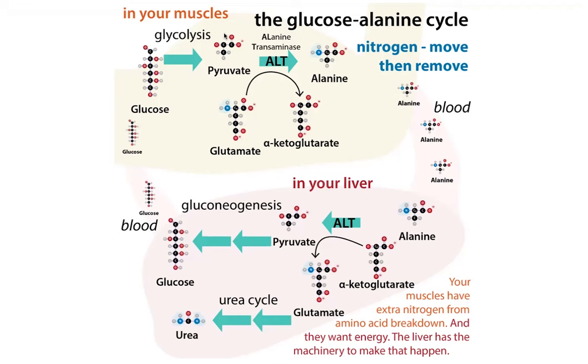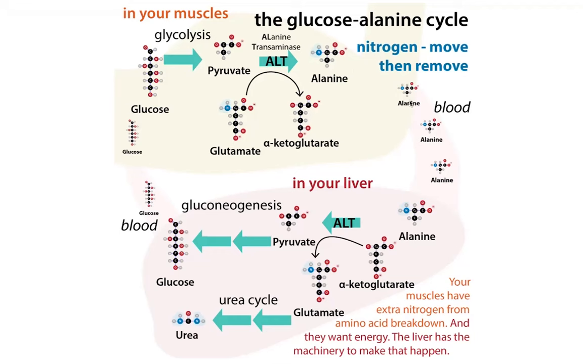Normally this pyruvate, if you wanted energy, you would take through the citric acid cycle and you would get energy that way. However, if you ship carbons from this pyruvate out in the form of alanine, you're losing that opportunity. And so what you want is for the liver to send you stuff back.